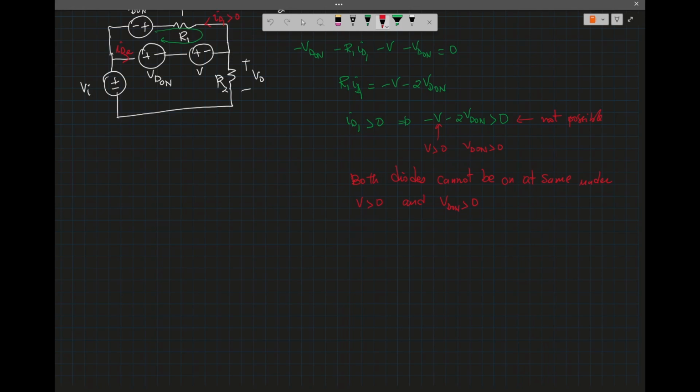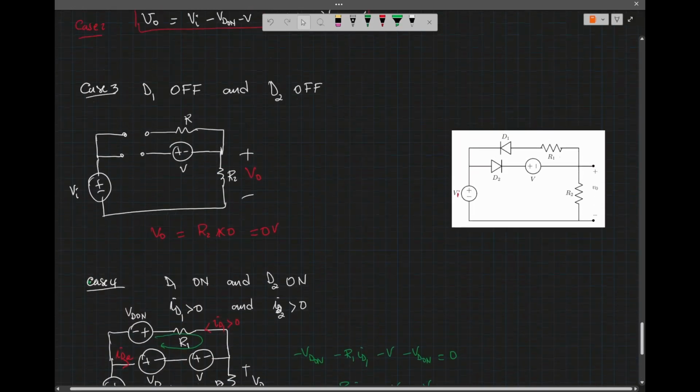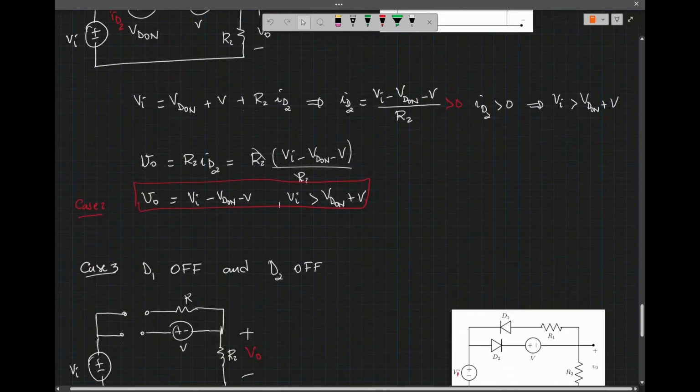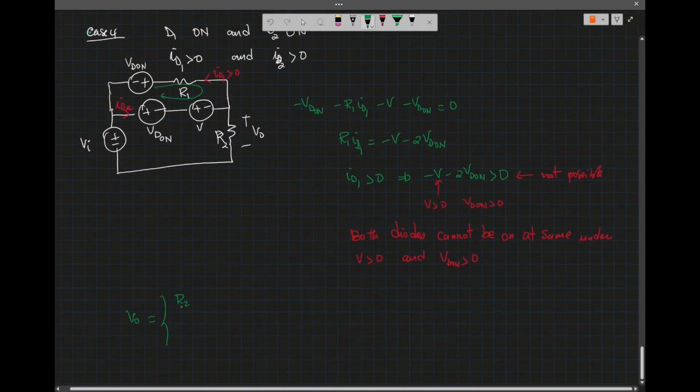So we know that for all cases V0 will be equal to, so let me see, case 1 will be equal to R2 over R1 plus R2, VI plus VD on, when VI is less than minus VD on.